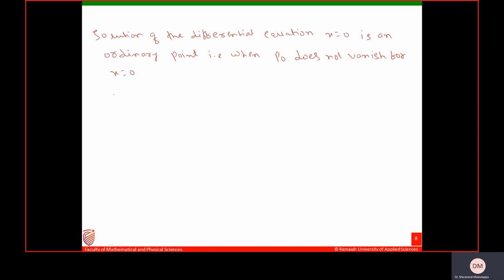So now what would you do? First, the procedure for this one: let us assume y is equal to a0 plus a1 x plus a2 x square plus a3 x cube plus and so on, plus an x to the power of n.